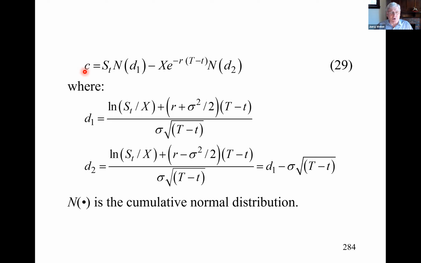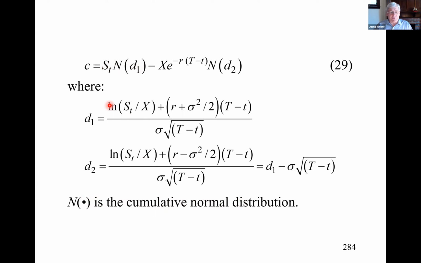So the price of the call option is here the underlying share price, and you multiply by the cumulative normal distribution, the value of the cumulative normal distribution function up to the point D1, and the D1 you calculate here.